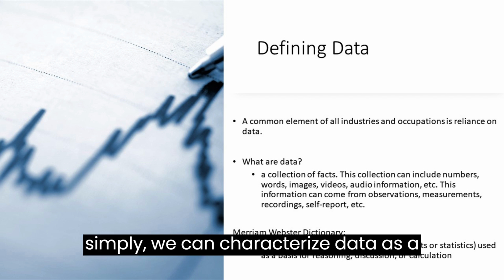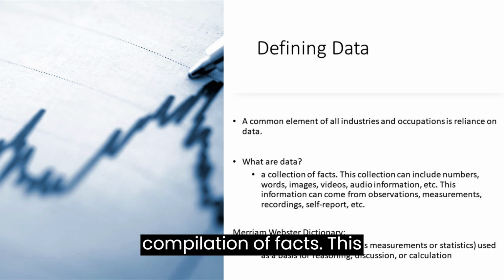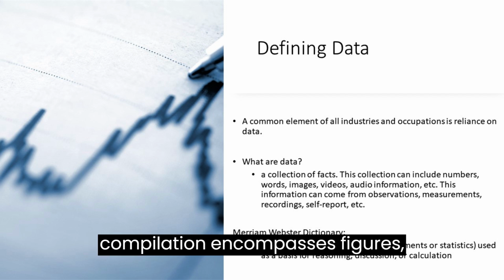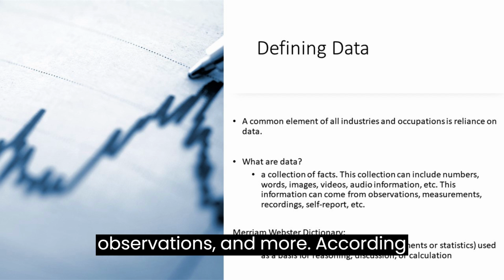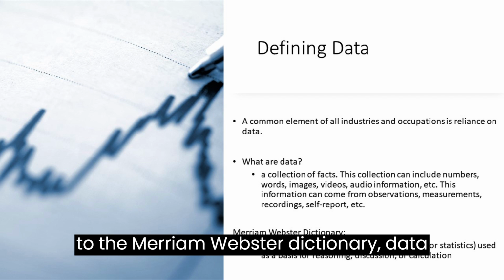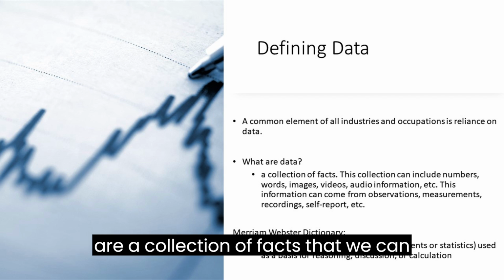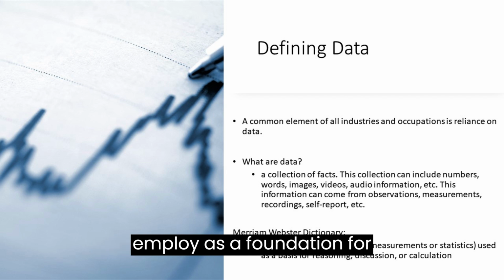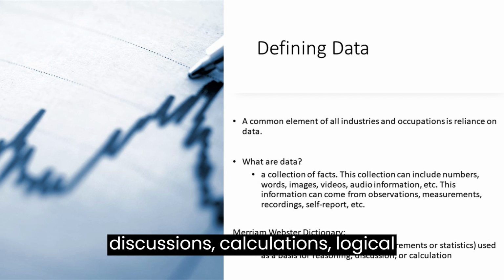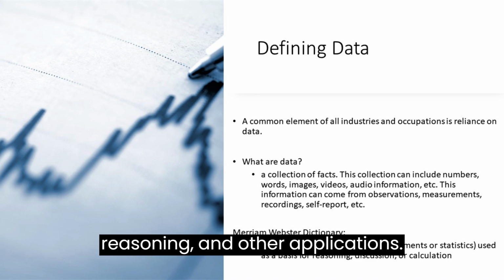Put simply, we can characterize data as a compilation of facts. This compilation encompasses figures, images, videos, text, measurements, observations, and more. According to the Merriam-Webster dictionary, data are a collection of facts that we can employ as a foundation for discussions, calculations, logical reasoning, and other applications.